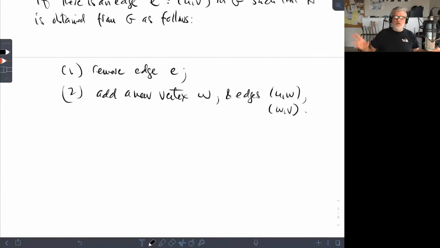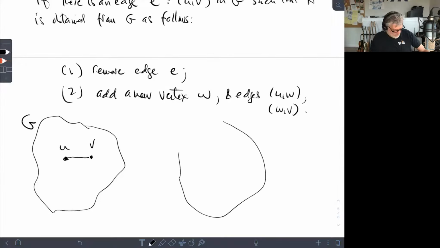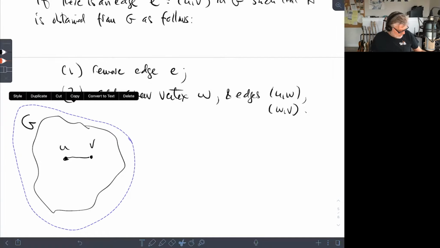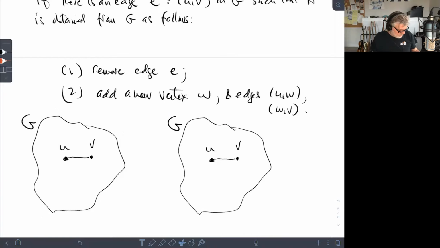This is all undirected graphs, right? So here's the situation. You have G like that, and inside G somewhere there's, I'm not talking about planar graphs or anything here, it's just any graph. So I have an edge UV like that. What is H? It is exactly, let's be fancy and use the technology, like that.